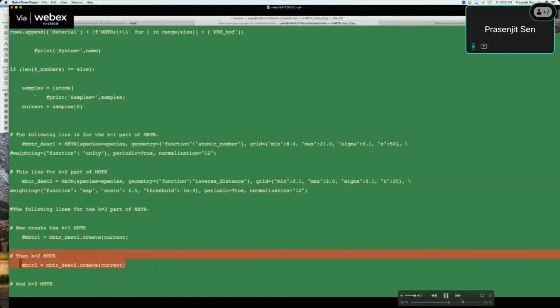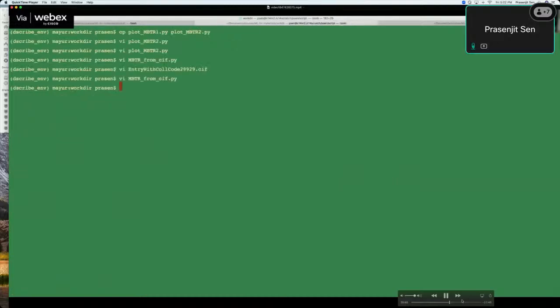In one statement, you tell describe what are the parameters according to which a particular feature has to be calculated, and then in another statement, you pass on the current structure so that describe can actually calculate MBTR. So we will try to calculate MBTR.